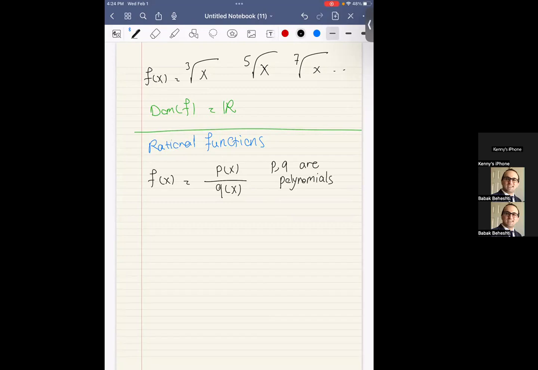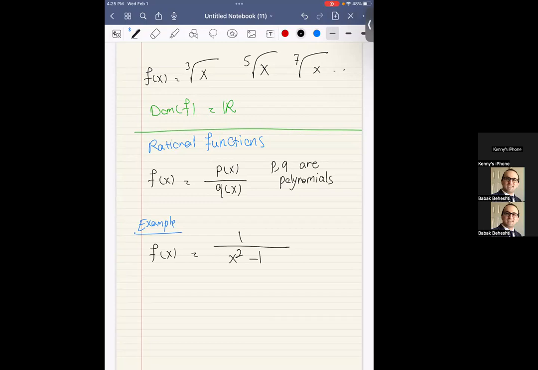So a rational function is basically a fraction of two polynomials, with polynomials in the numerator and the denominator. For example, a function like f of x equals 1 over x squared minus 1.